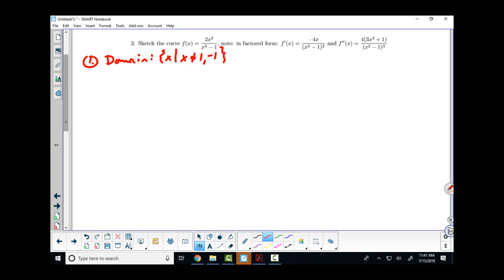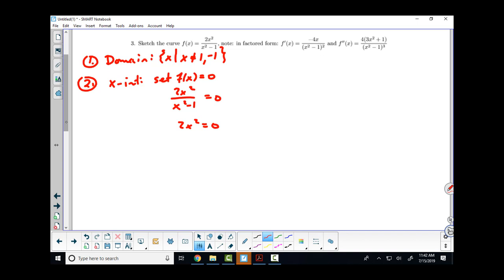Then what do I look for? The x-intercepts, the zeros of a function. So how do I do that? Set f of x equal to 0. You set the output to be 0. That happens when this fraction is 0. But when is a fraction 0? When the numerator is 0.